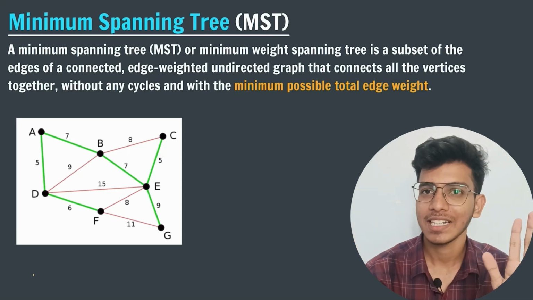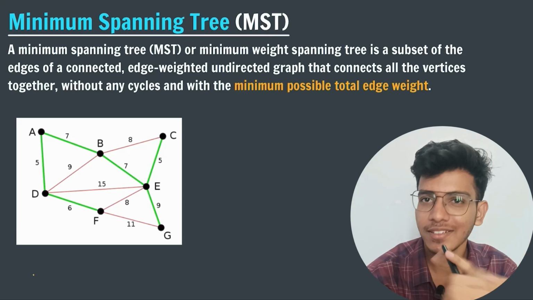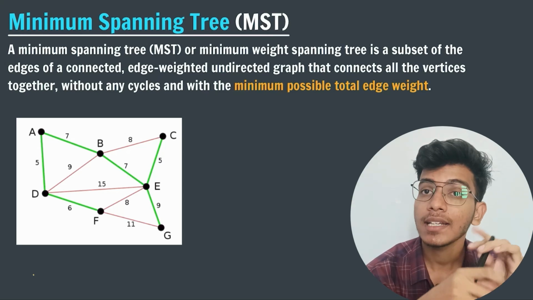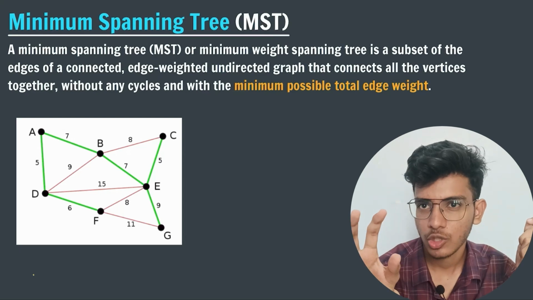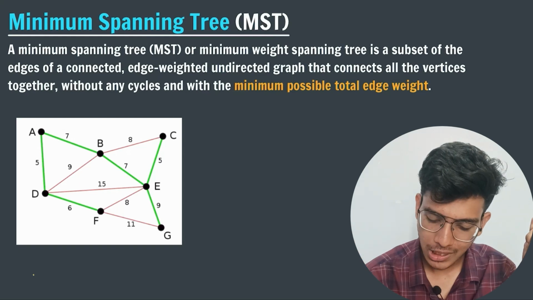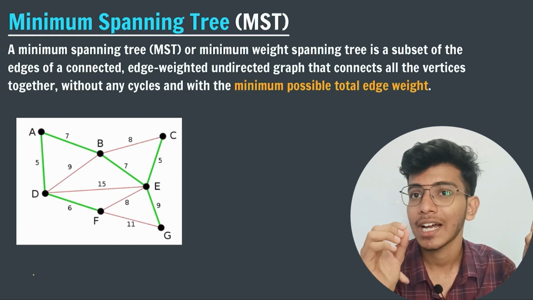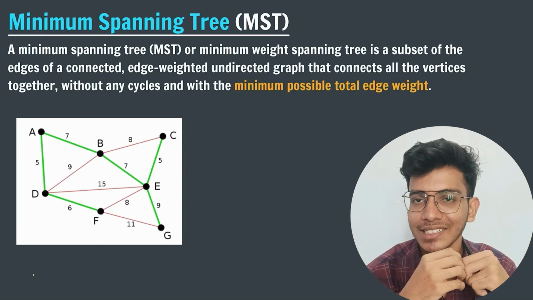So we have studied trees, right? We have studied binary trees, binary search trees, AVL trees and tries. And if you observe the structure of binary trees, binary search trees or AVL trees, you might have observed that in those diagrams we don't have any cycles.